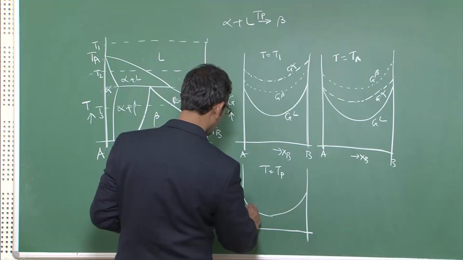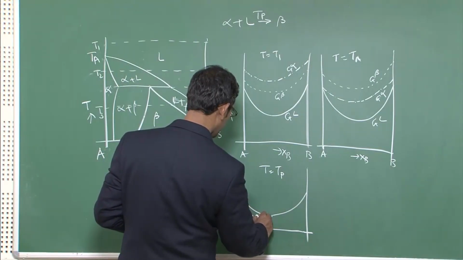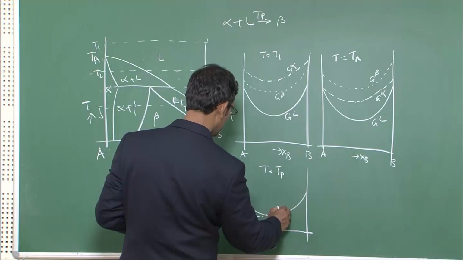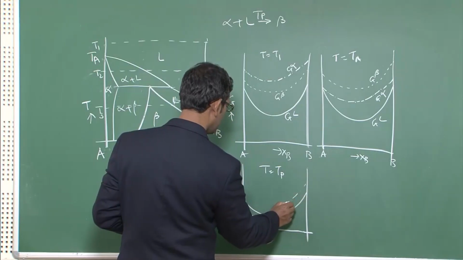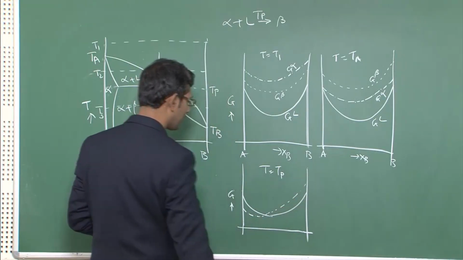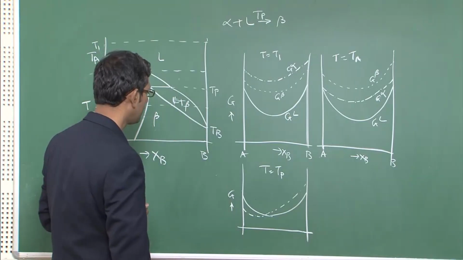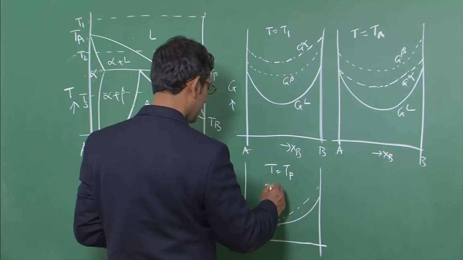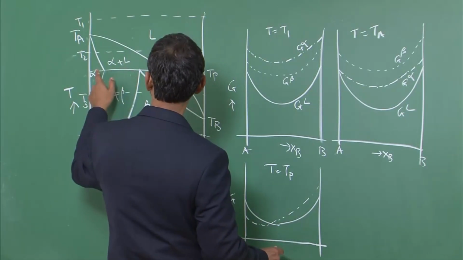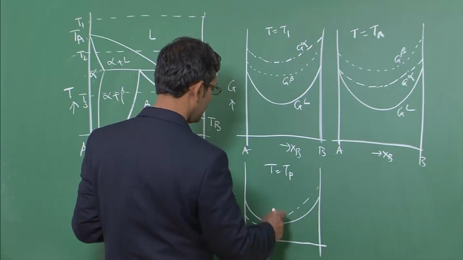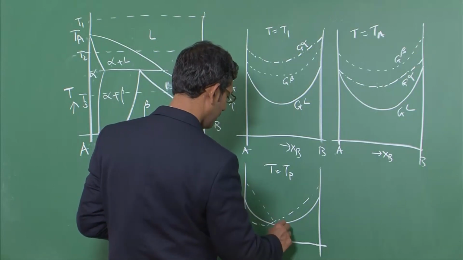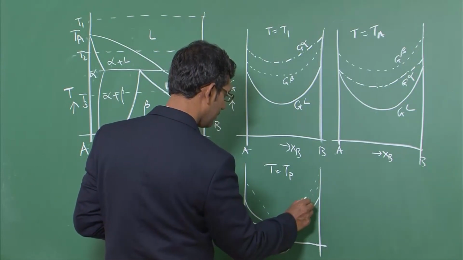So how will it cross over alpha one? Let me just do that. Okay, it has crossed over, and at the same time beta is stable here. So there will be a common tangent between alpha, liquid and beta. So I am drawing that.